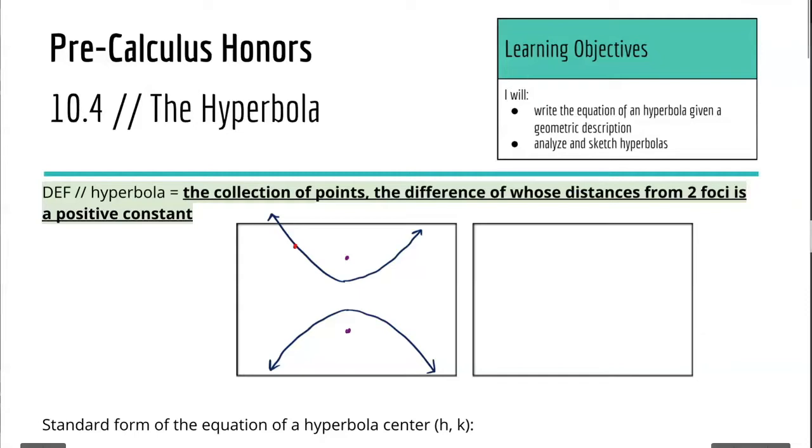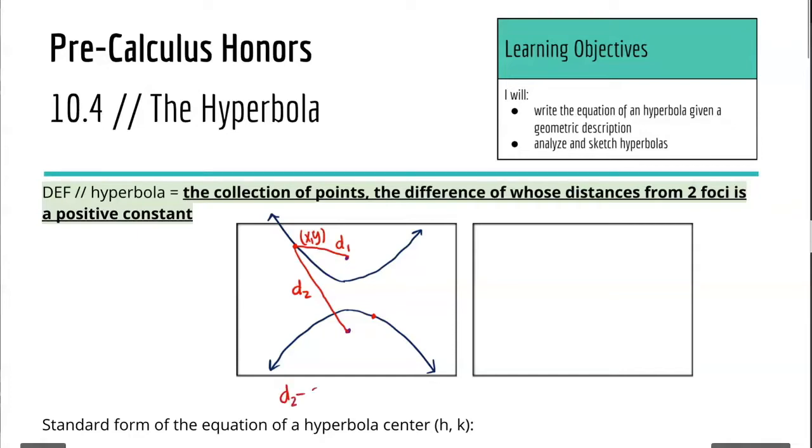And then any point on the hyperbola, whether it's on the top branch in this case or the bottom branch, if we call our point on the hyperbola x comma y, the distance from the two foci, I'm going to call D1 the shorter one, so that's the distance to the closer focus, and D2 is the longer distance, then the difference between those two distances remains constant.